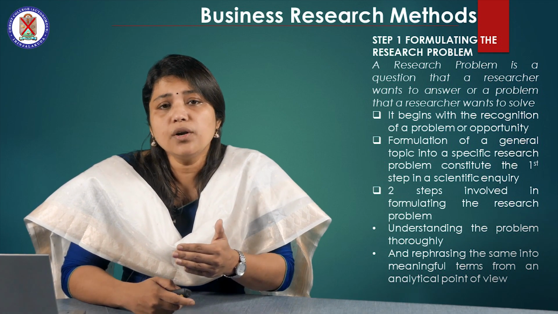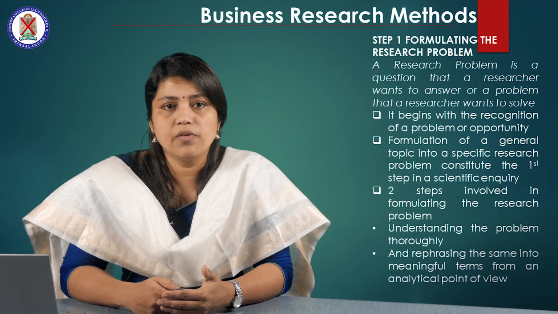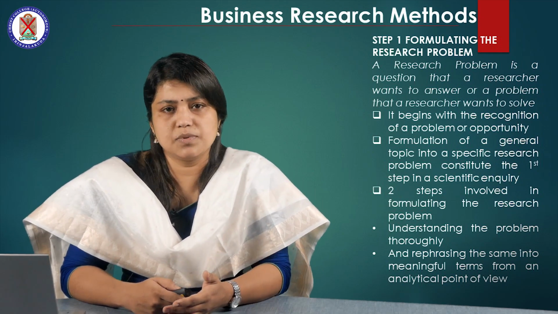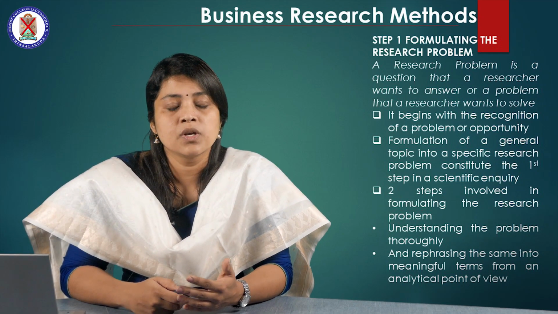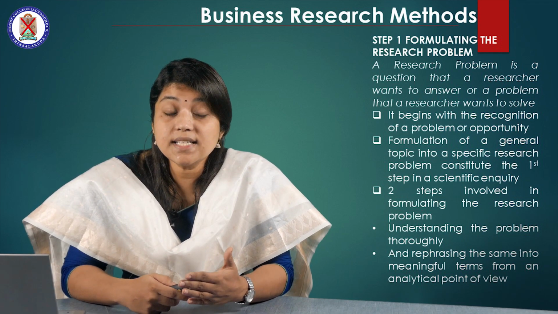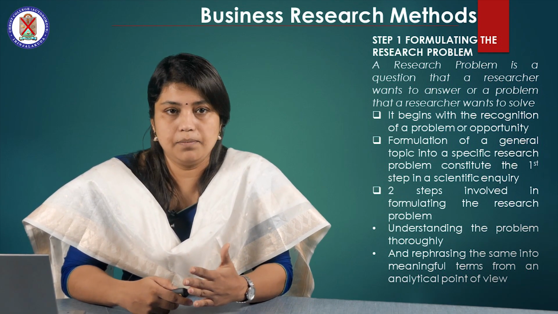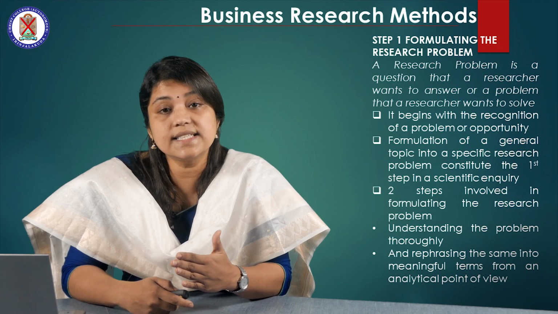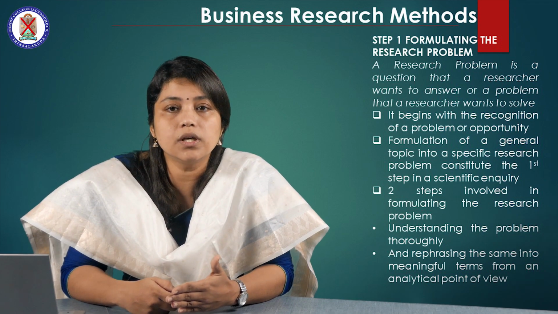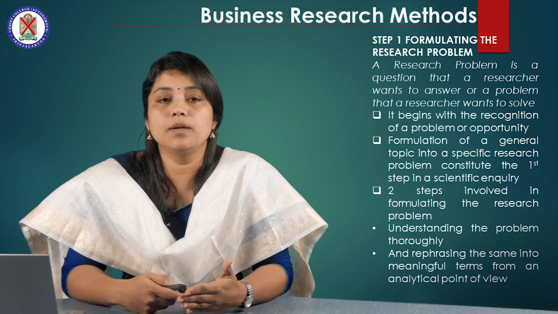Then if we are trying to formulate a research problem, we need to know 2 very simple steps. That is, first, understanding the problem thoroughly and rephrasing the same into meaningful terms from an analytical point of view.